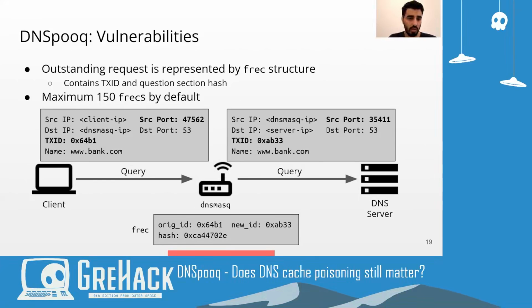So in this example, the client queries dnsmasq for www.bank.com with a random source port and a random transaction ID. dnsmasq doesn't know the answer, so it queries one of the upstream DNS servers, and it creates a FREC record containing the original transaction ID and the new transaction ID of the forwarded query. Also notice that the new query has a random source port of its own.